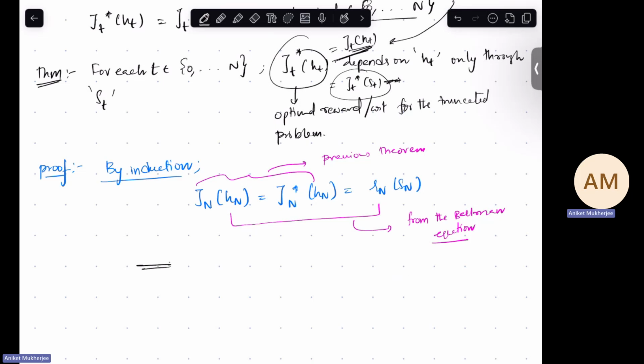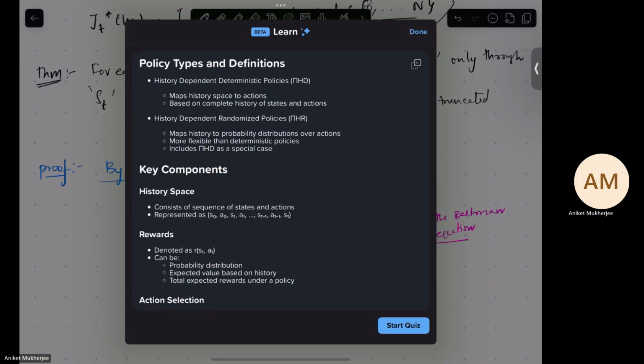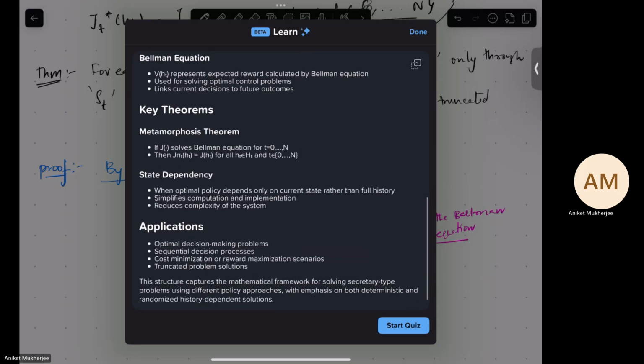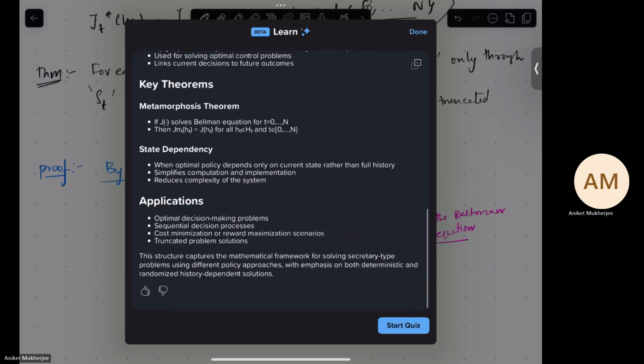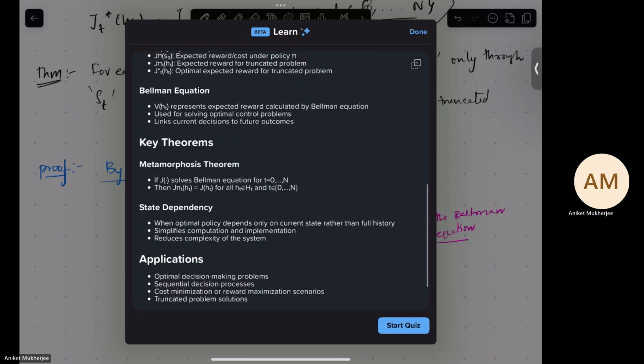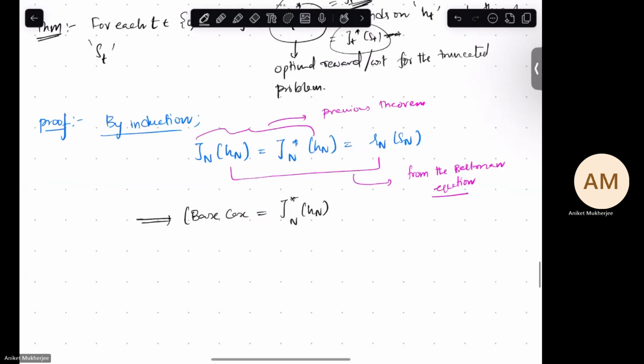Okay, therefore, this is the base case. In the base case, we have shown that J star N of h_N is a function of s_N.